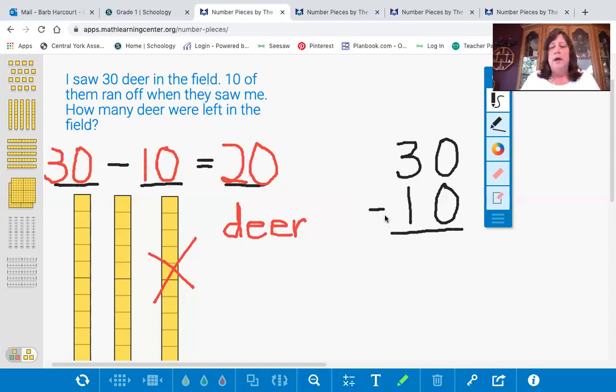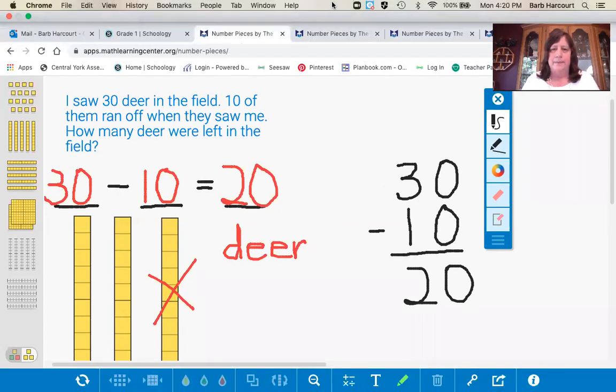So our sign, addition or subtraction, needs to go far to the left of our second number. And then our equal sign is the line underneath the 10. So we have 30 minus 10 equals, and we know it is 20 deer. I'm not going to write deer just to save some time, but I just wanted to show you another way to set up the problem.